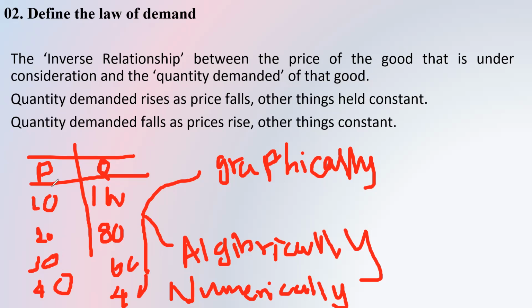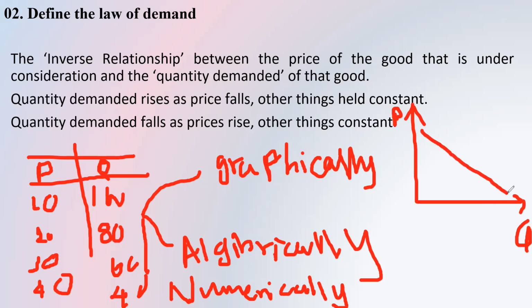So when price increases, quantity will decrease. And graphically, we can show that by using a graph. This is price, this is quantity. So that is an inverse relationship, a negative relationship.